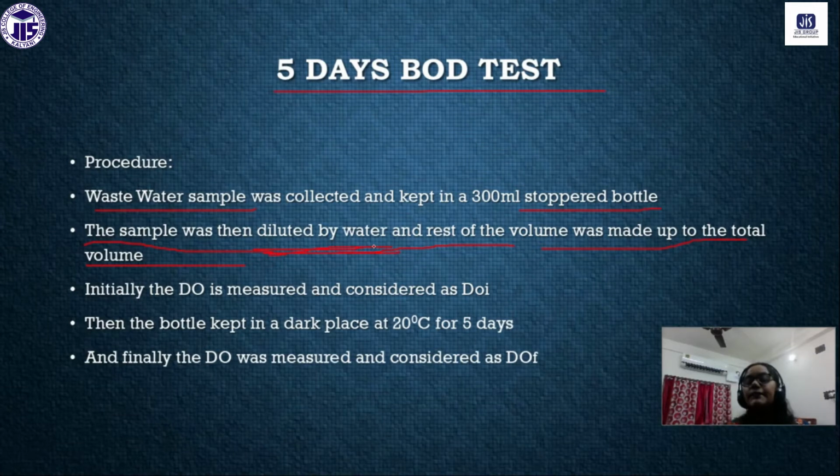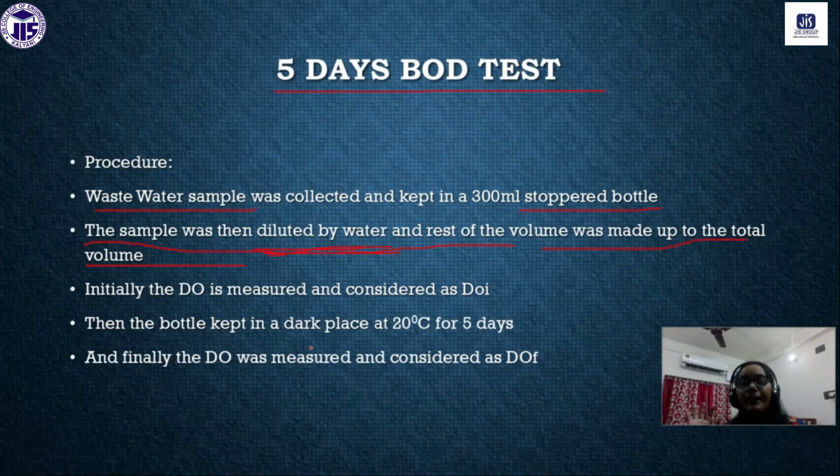Now, what is the requirement for the dilution? Because if we use the concentrated wastewater sample, what will happen? We require a large amount of oxygen, like 100 milligram per liter, but we don't have that much oxygen in our water.